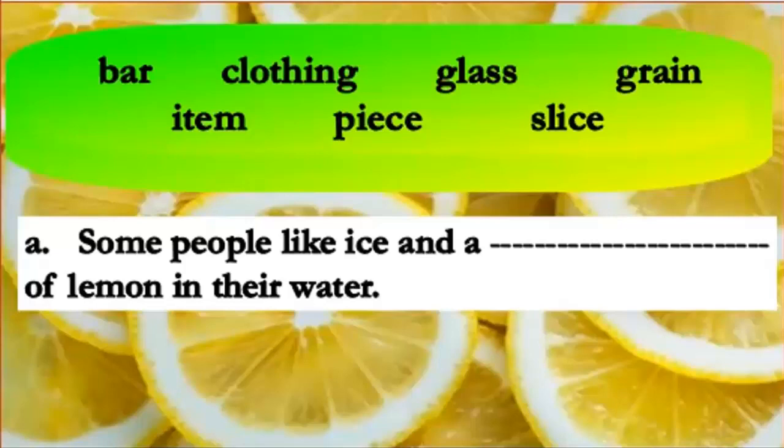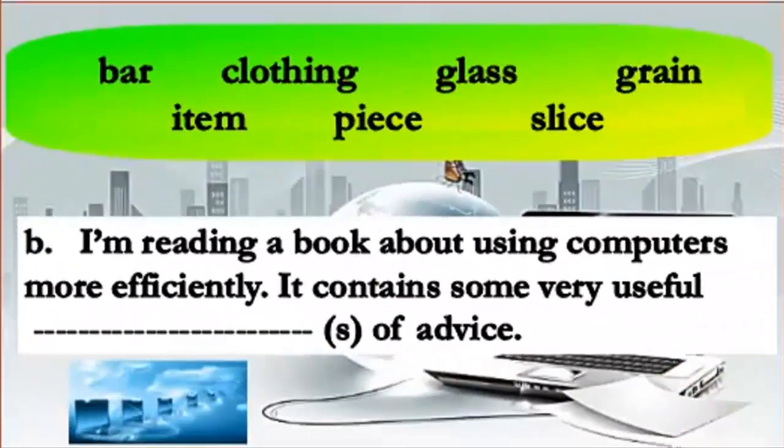Point A. Some people like ice and a slice of lemon in their water. Yes, exactly. We can say slice. Point B. I'm reading a book about using computers more efficiently.